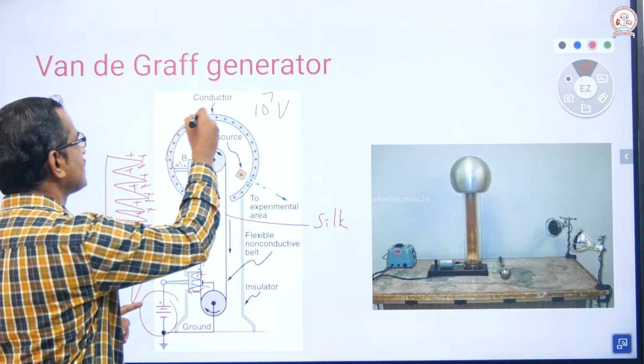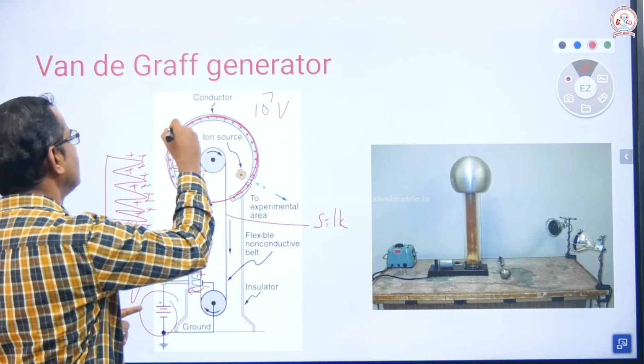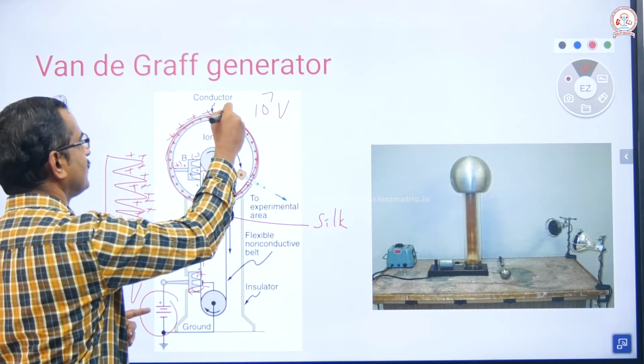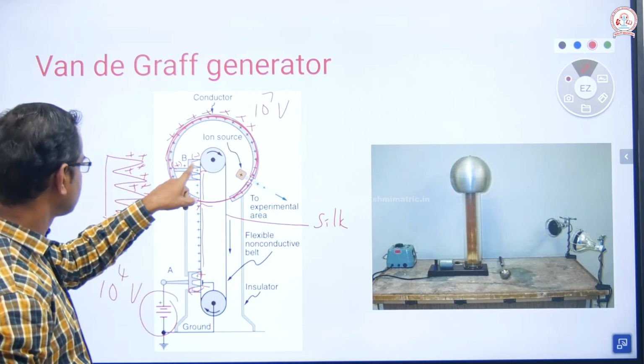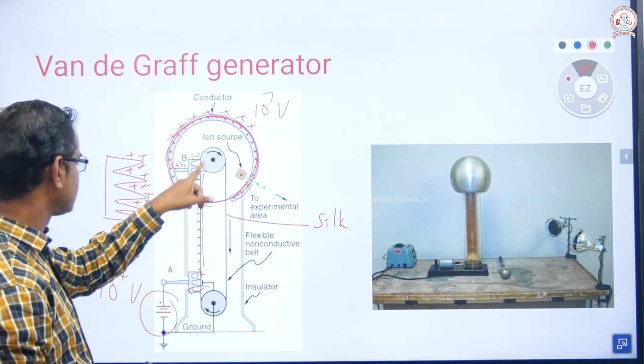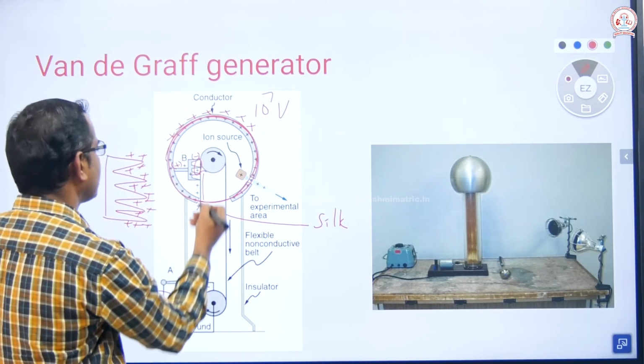So on the surface of the metallic sphere, positive charges are developed. And these negative charges are here, isn't it? These negative charges may neutralize the positive charges which are coming here.